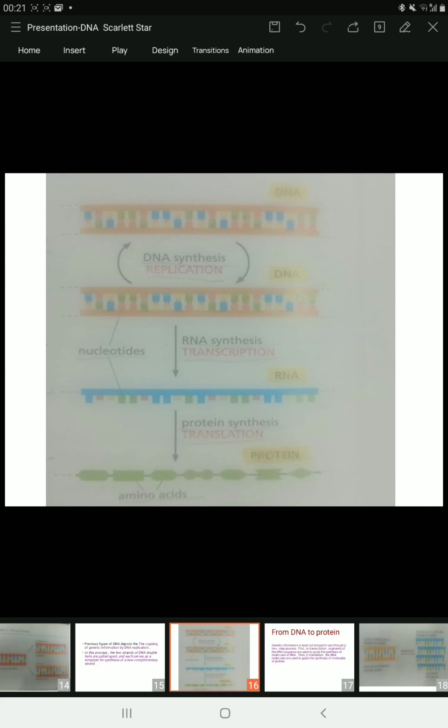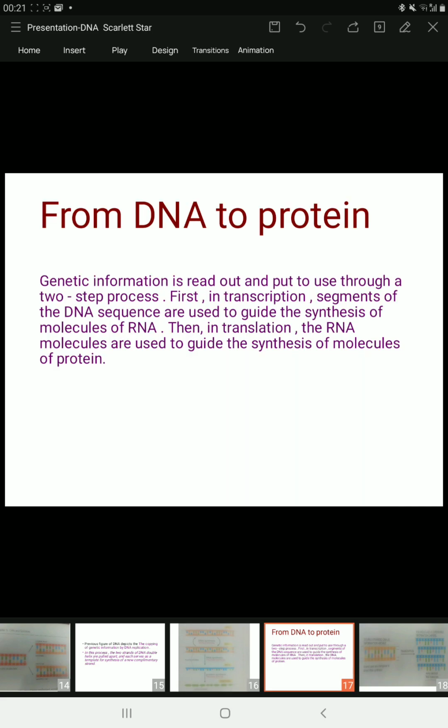All the process in description form. From DNA to protein, genetic information is read out and put to use through a two-step process. First, in transcription, segments of the DNA sequence are used to guide the synthesis of molecules of RNA. Means DNA sequence is used to guide the synthesis of RNA.